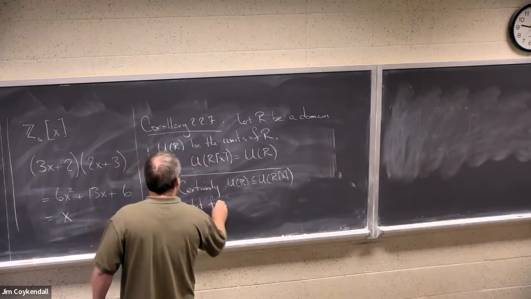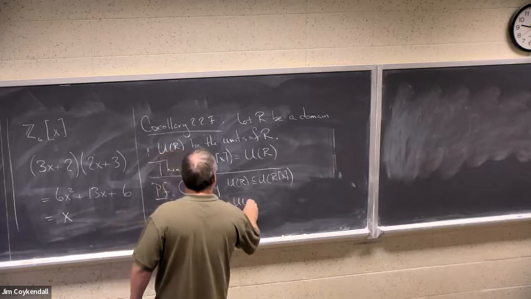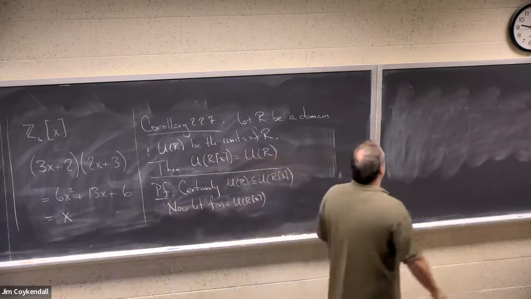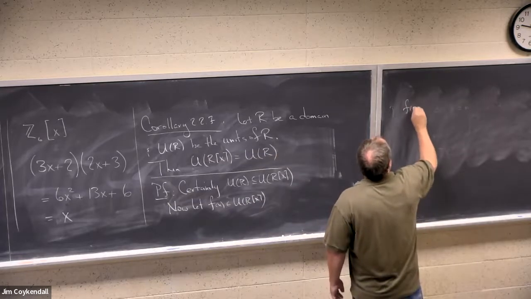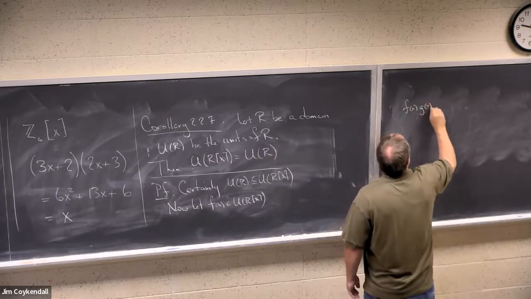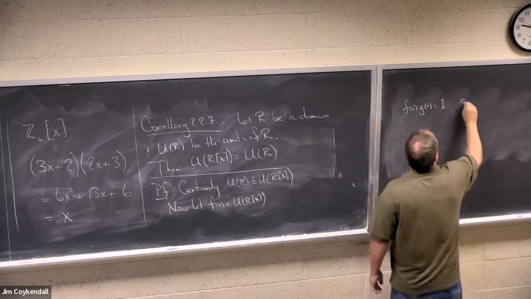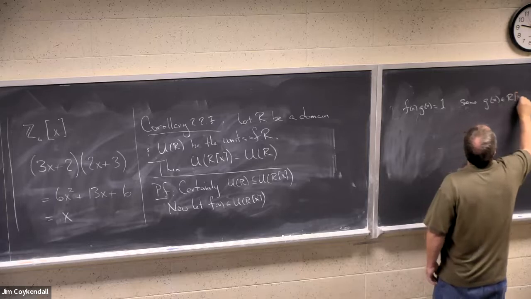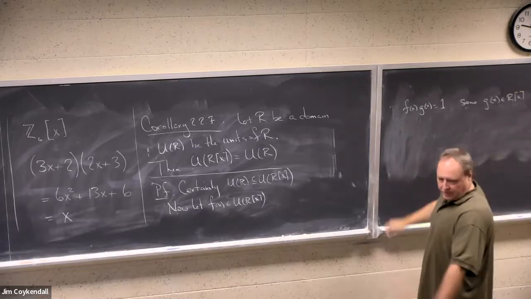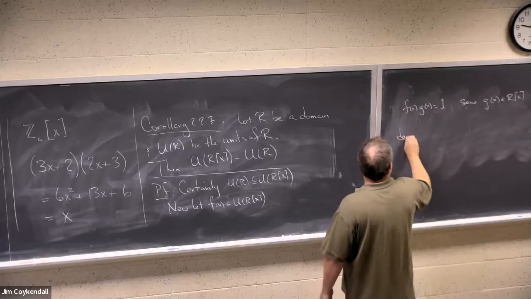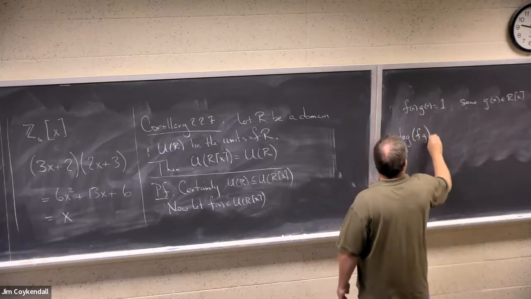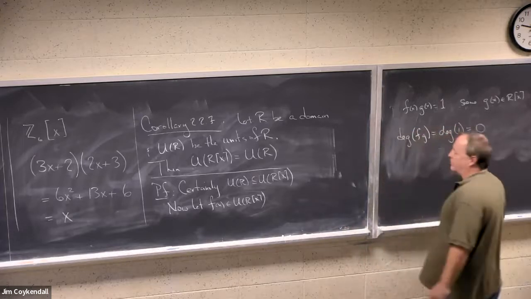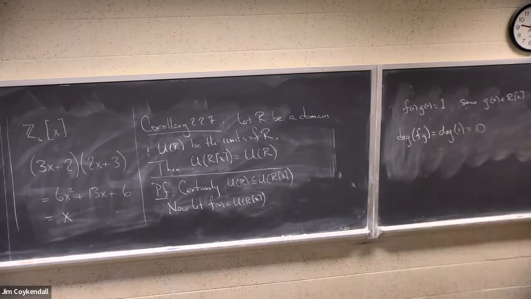Now let f(x) be a unit in R[x], so it's a polynomial that is a unit. So f(x)g(x) is equal to 1, for some g(x) in R[x]. And now just slap a degree on this. Of course, the degree of the polynomial 1 is 0.